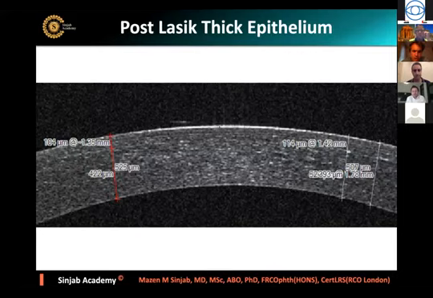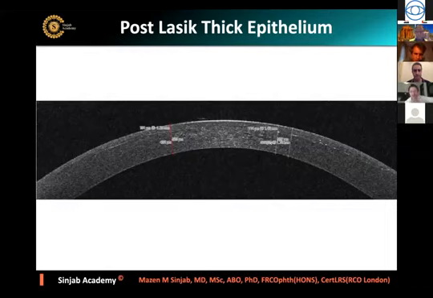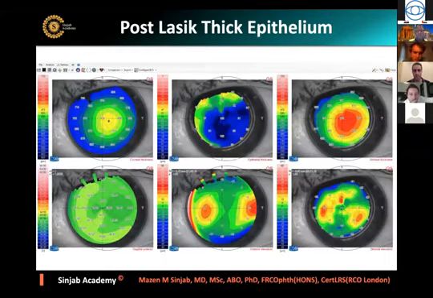I'm not sure if that epithelial map is artifacted, because I agree that it can be. It's true that, as Juan said, the OCT image is not very high resolution, but this epithelial thickness map looks, I'm not sure if it's quite artifacted, because there would not be any flap. It would be just like a hyperplastic epithelium. So it might be an artifact there.